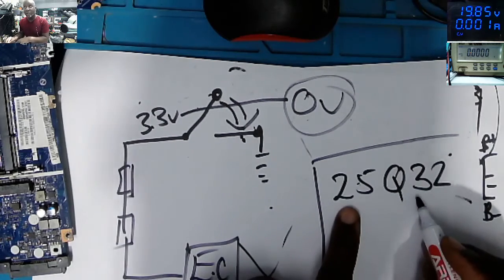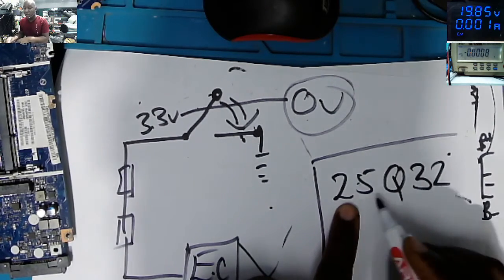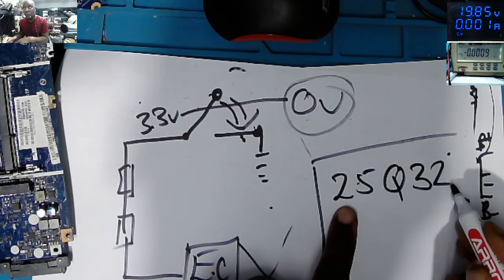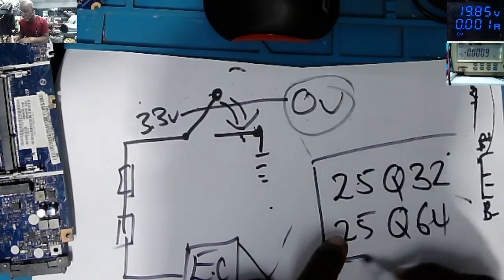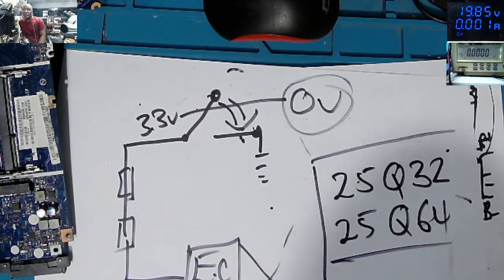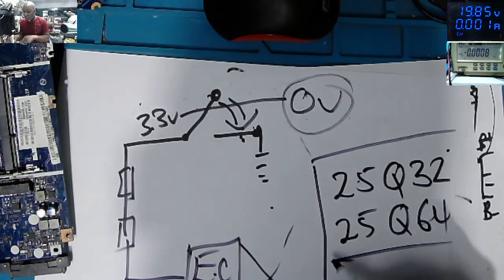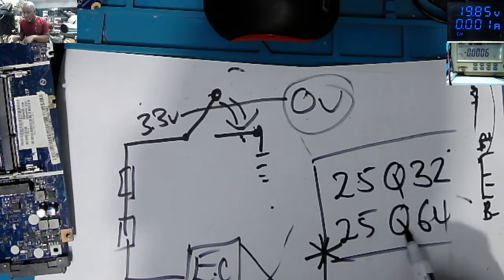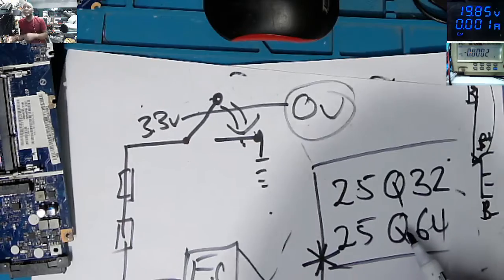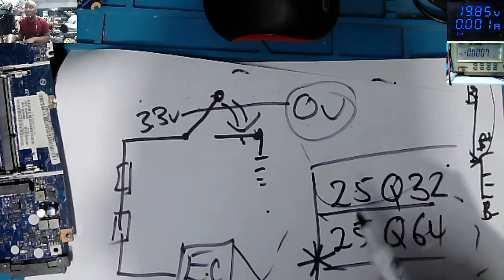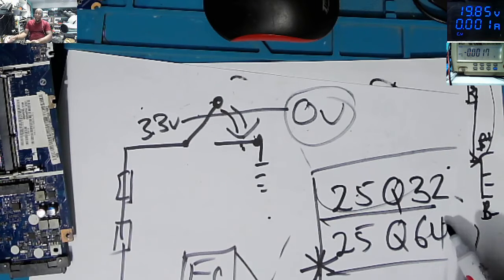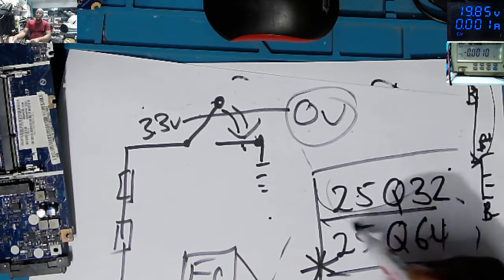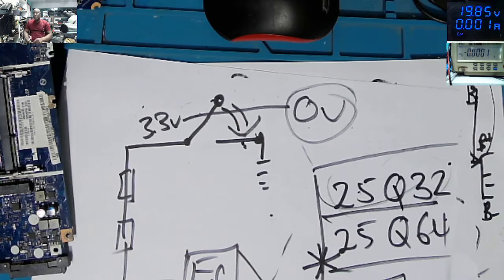You find a Winbond BIOS chip with this number 25Q32, and the other one 25Q64 on the same motherboard. In most cases, this one, 25Q64, is the main BIOS chip, and this one is for backup. You see this main BIOS chip inside the box. This one, probably for the backup, is not inside the box.